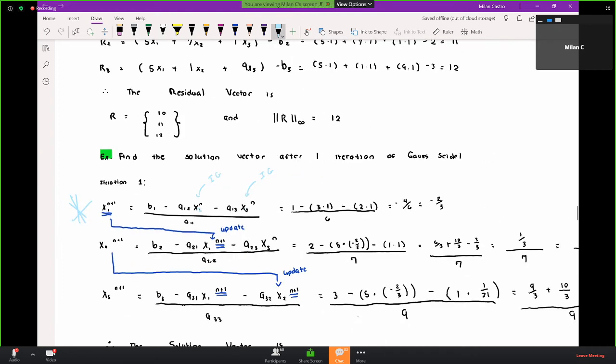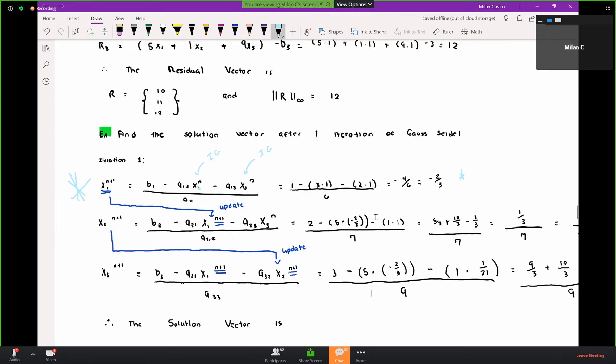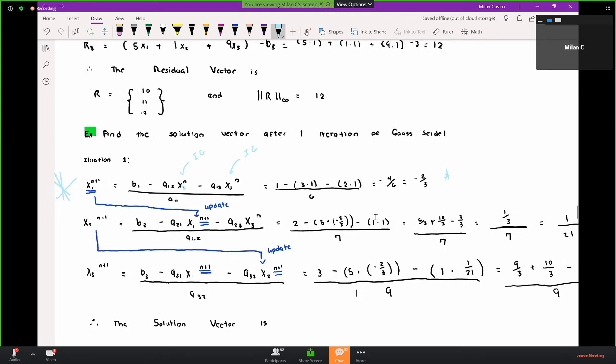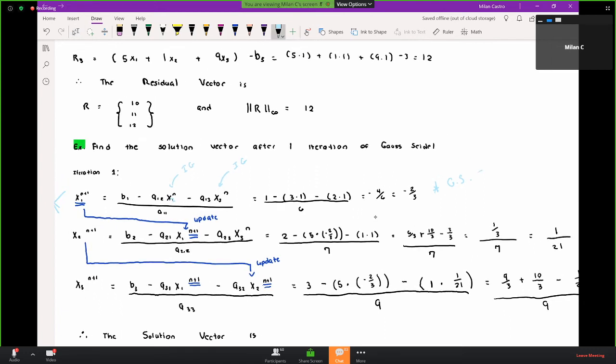And then we're dividing by a11. So the first term we're getting is 1 minus 3 times 1 minus 2 times 1, divided by 6, which is equal to negative 2/3. It's important to note, because you guys are going to have to do Gauss-Seidel and Jacobi, that the first term is going to be the same for both.